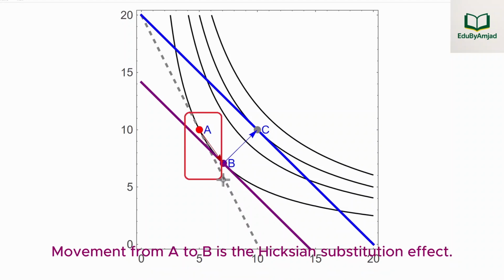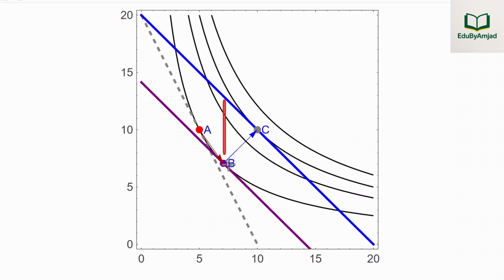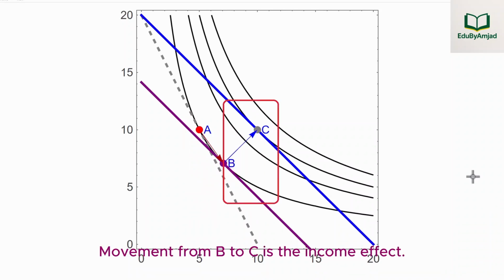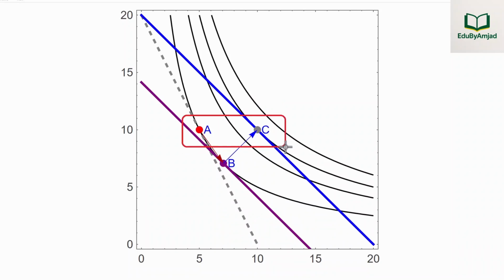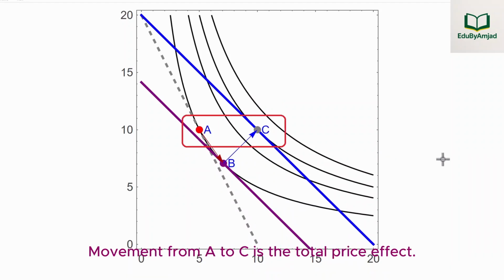Movement from A to B is the Hicksian substitution effect. Movement from B to C is the income effect. Movement from A to C is the total price effect.